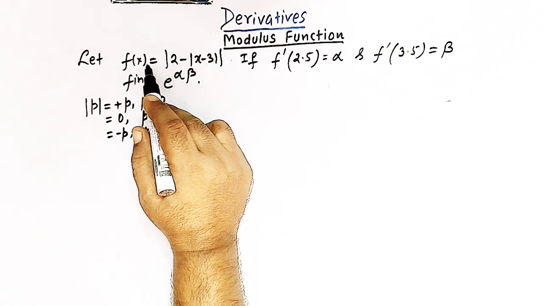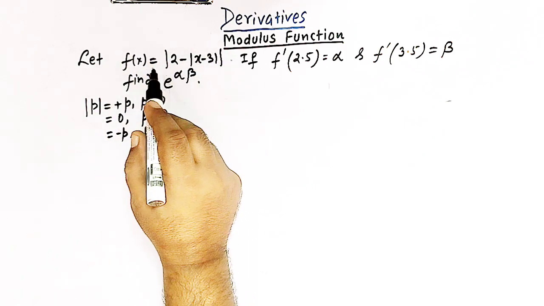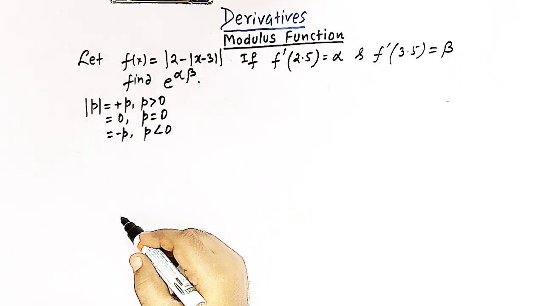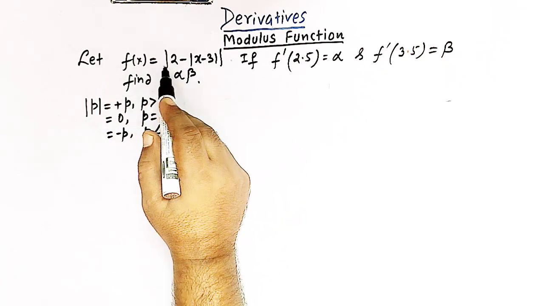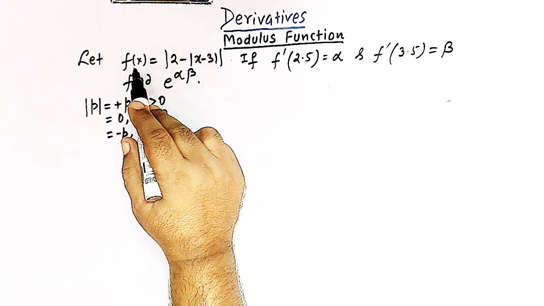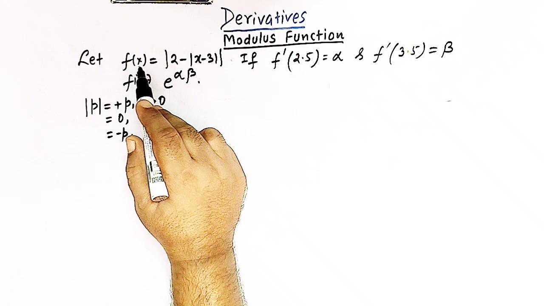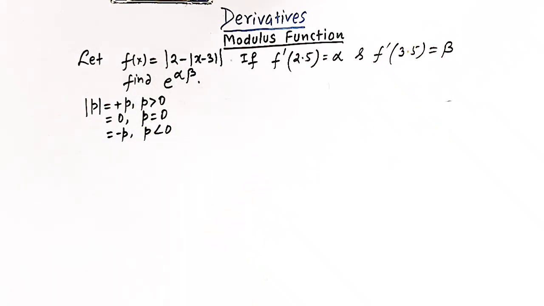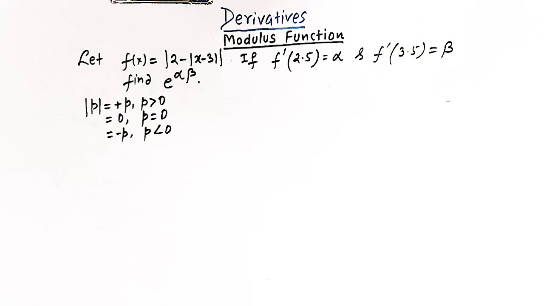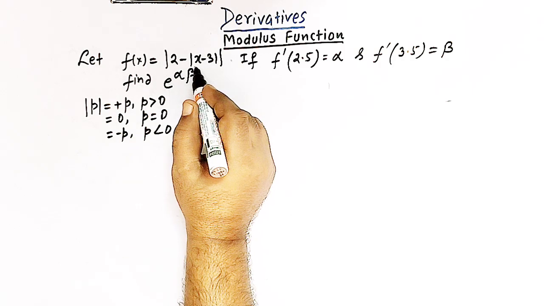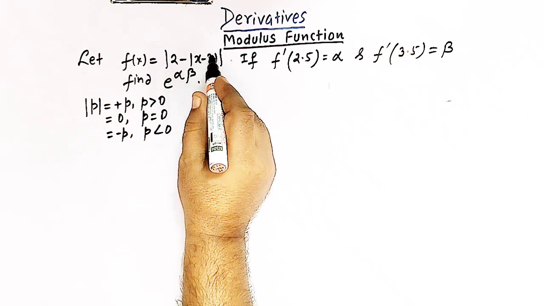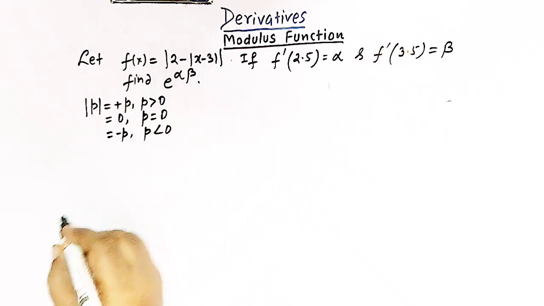So first our aim is to redefine this function f of x, or in other words we can say that we have to first get rid of these mod functions, right? And we try to express this function f of x as a linear function using this definition of mod function, right? So first we'll take care of this mod function, that is mod of x minus 3.